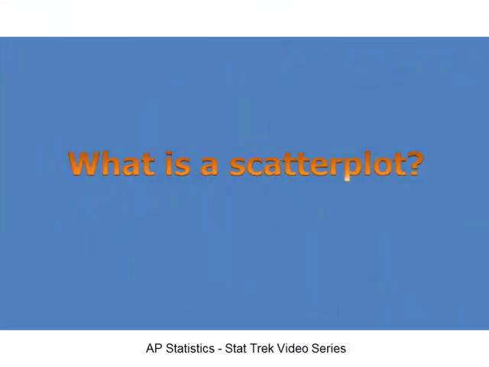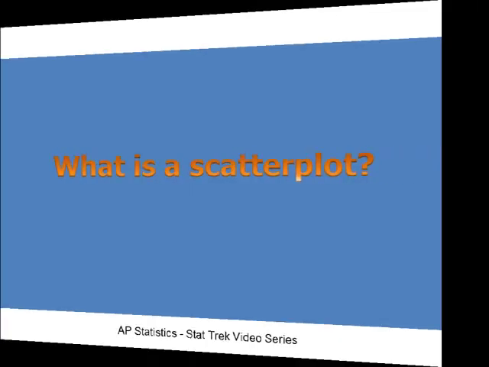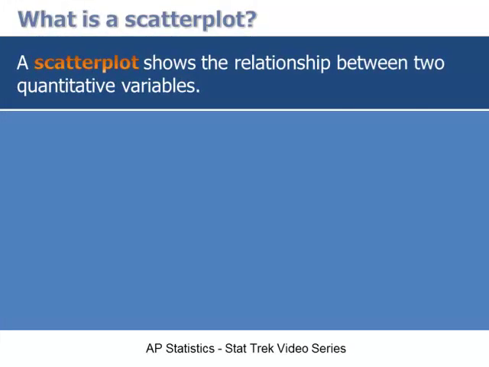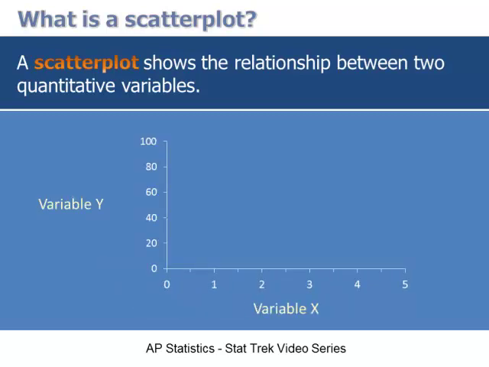So, what is a scatter plot? A scatter plot is a graphic tool used to display the relationship between two quantitative variables. Scatter plots consist of an x-axis, a y-axis, and a series of dots.